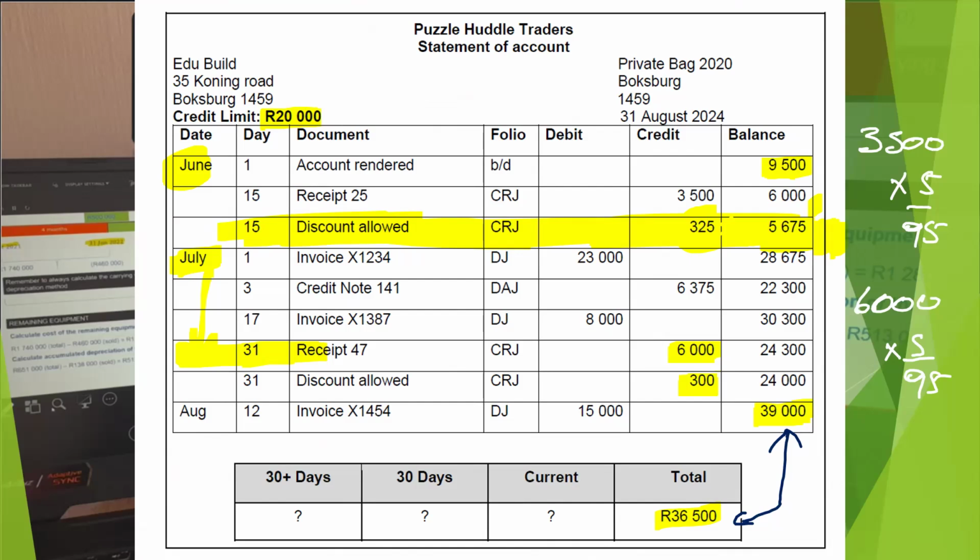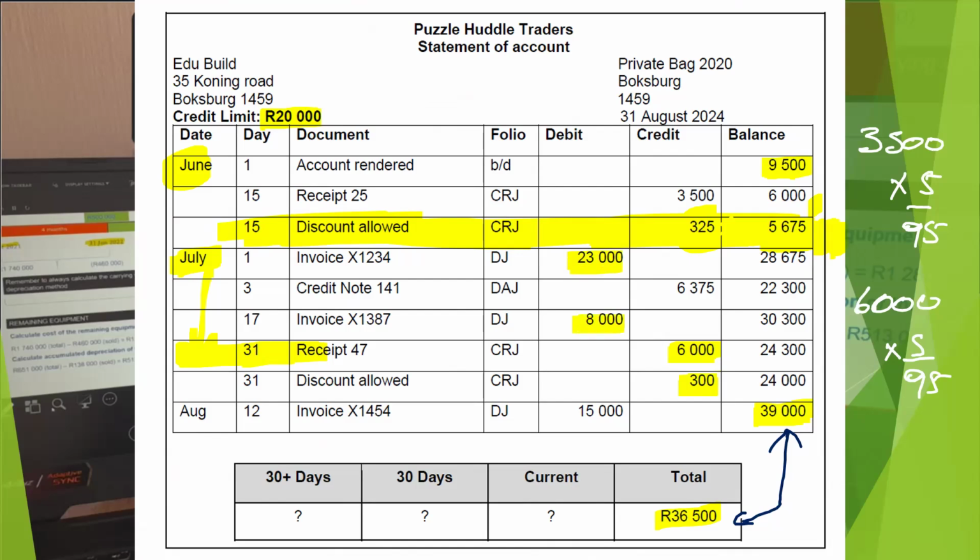Therefore, the discount on that 5,675 was not supposed to have been recognized. I hope you're with me. Maybe we're going to recognize it even on that 23,000 rand. We wouldn't, because it will be after 30 days, and therefore it will not qualify for a discount.